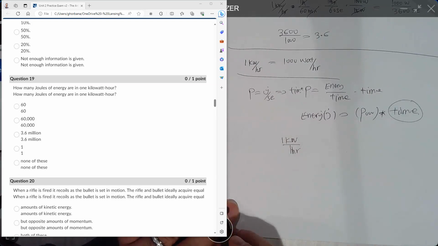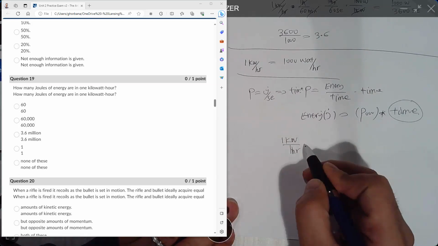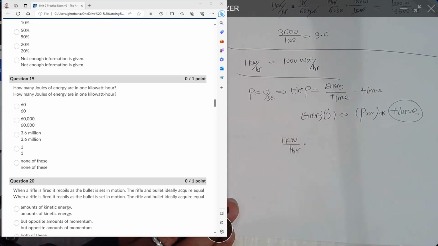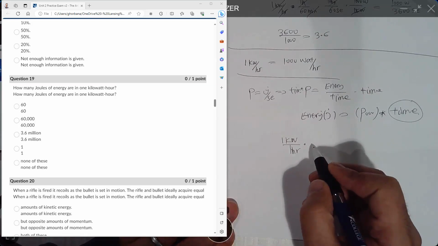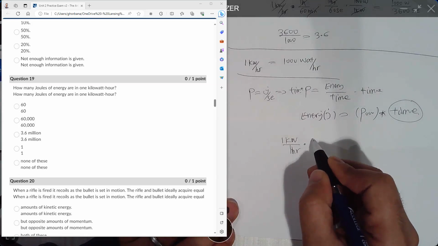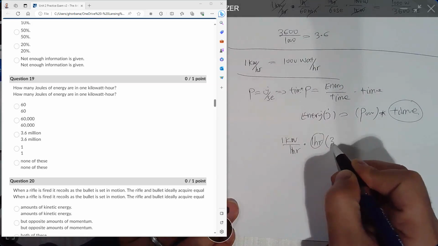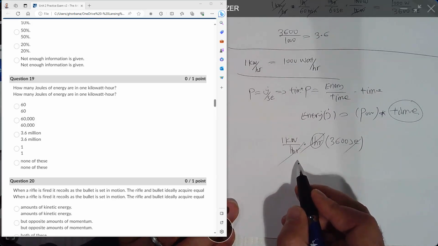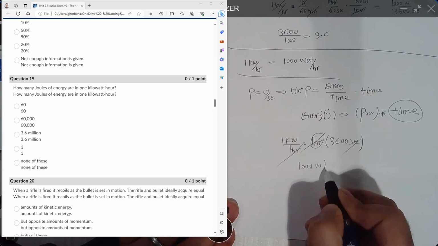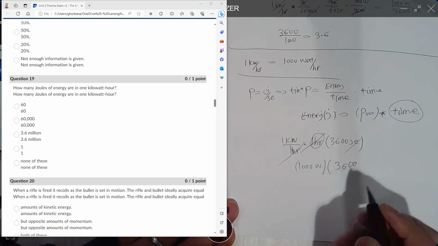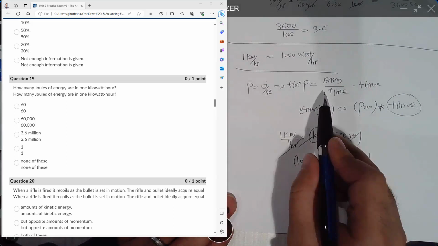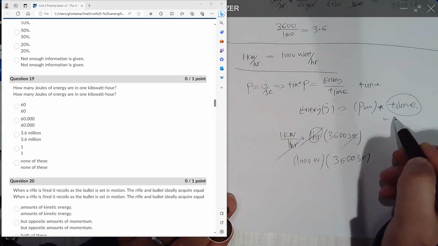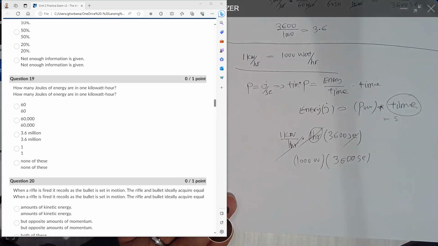We need to multiply this by time. 1 hour is 3600 seconds, so instead of multiplying by 1 hour, we multiply by 3600 seconds, and the times cancel each other. 1 kilowatt is 1000 watt, so 1000 watt times 3600 second, and the unit of energy is watt second, which is joule.